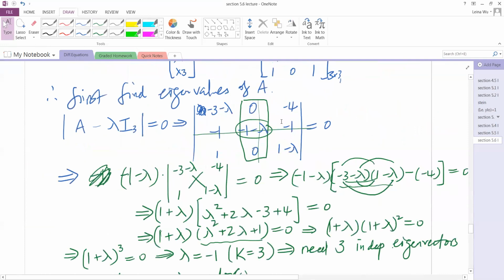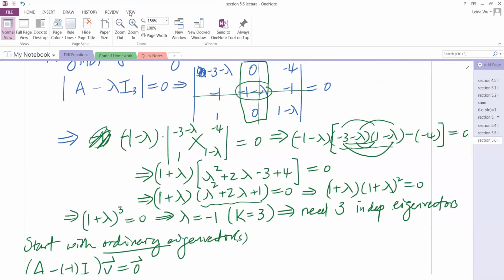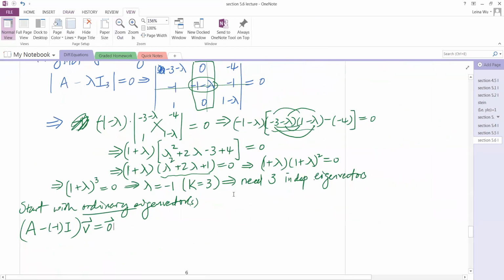So let's plug -1 into this matrix. Let me zoom out a little bit. So you should have -3 minus -1, which is -2, 0, -4. Second row is -1, -1 minus -1, which is 0, -1.